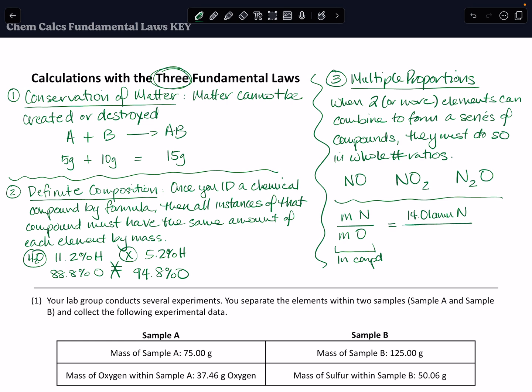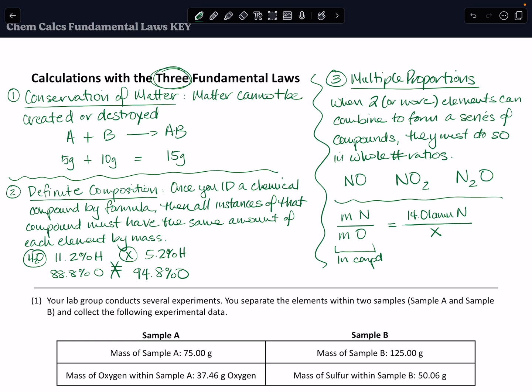Then I want to see how many atomic mass units of my other element are present. If it turns out to be 16, which is the atomic mass of oxygen, then I know that for every one nitrogen, there's one oxygen. If it turns out to be 32, then for every one nitrogen, there are two oxygens. If it turns out to be 8, then I have doubled the amount of nitrogen versus oxygen.